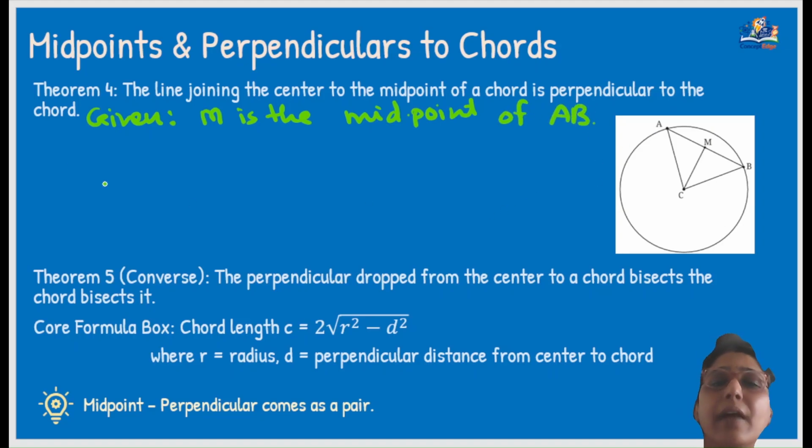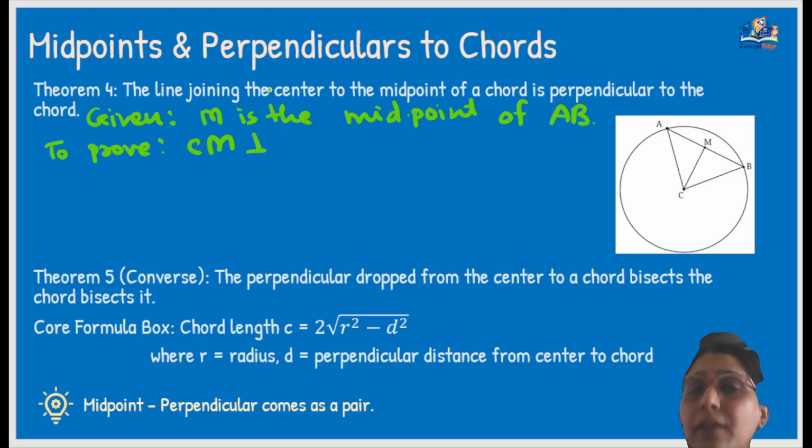And I want to prove that CM is perpendicular to AB. The line joining the center and the midpoint is CM.